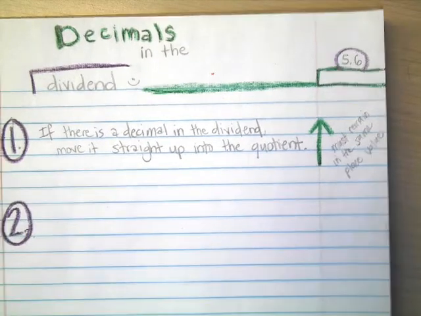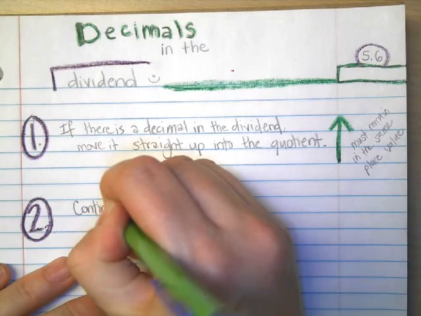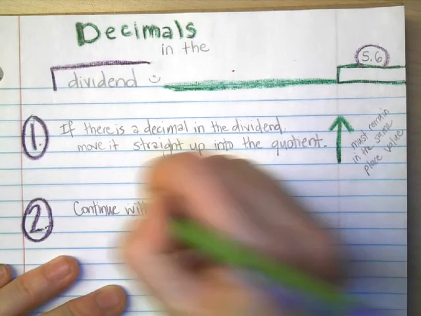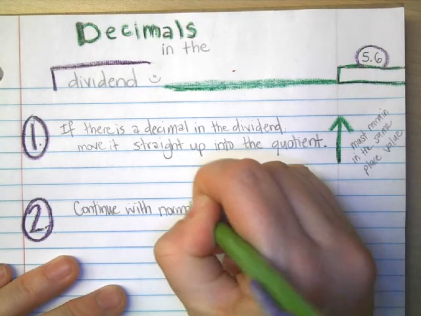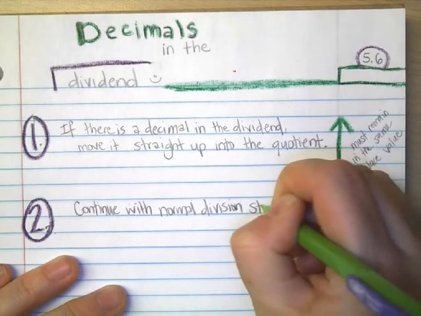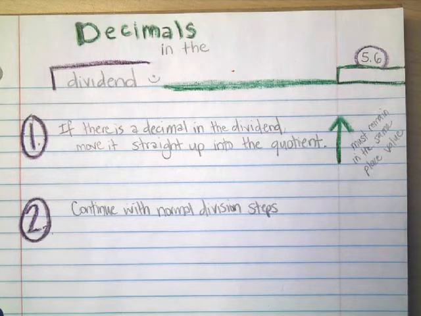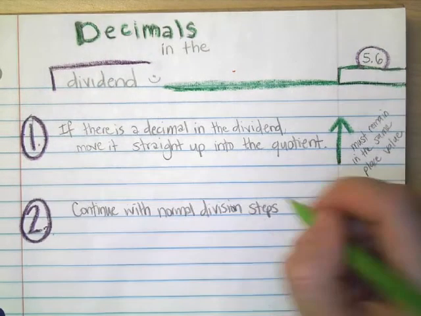Step number 2 is to continue with normal division. We're going to write steps. Continue with normal division steps using the standard method.